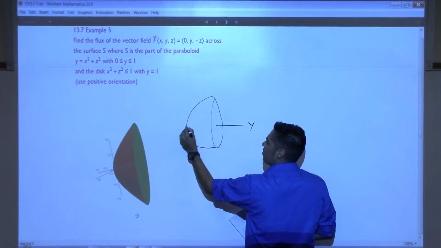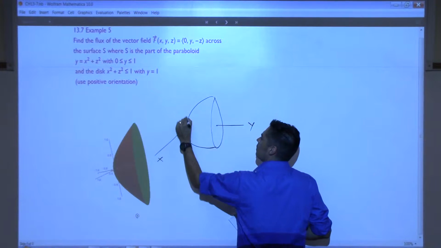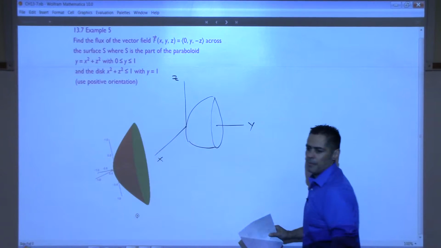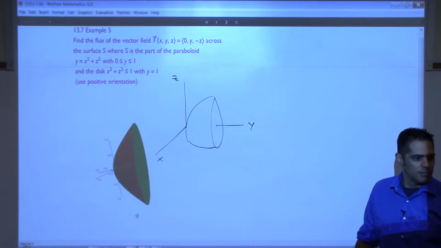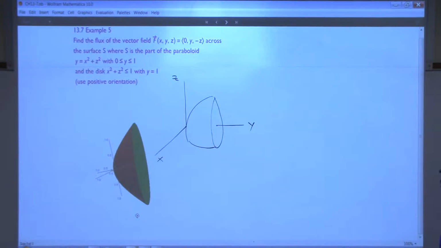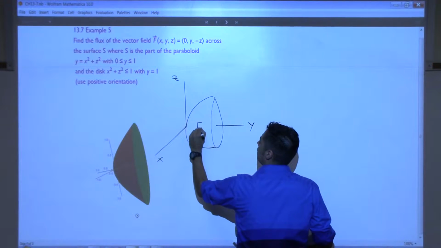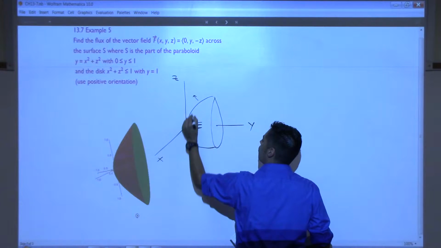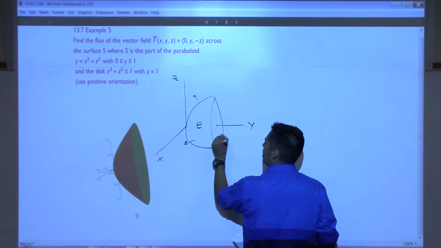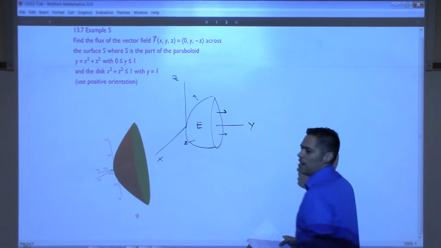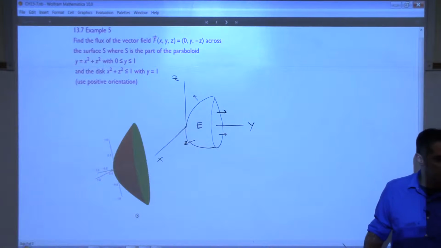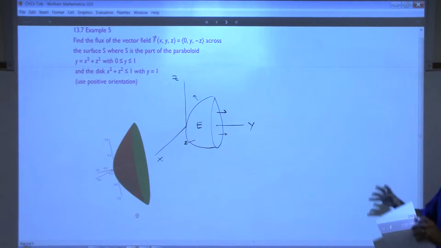Back here the x-axis comes out, and z's up here. And this whole solid E has the normals of the surface pointing away from it. If you go back and look at the work we did in class last time, that's the way we oriented the surface. We had to break it up into 2 surfaces and then do surface integrals.